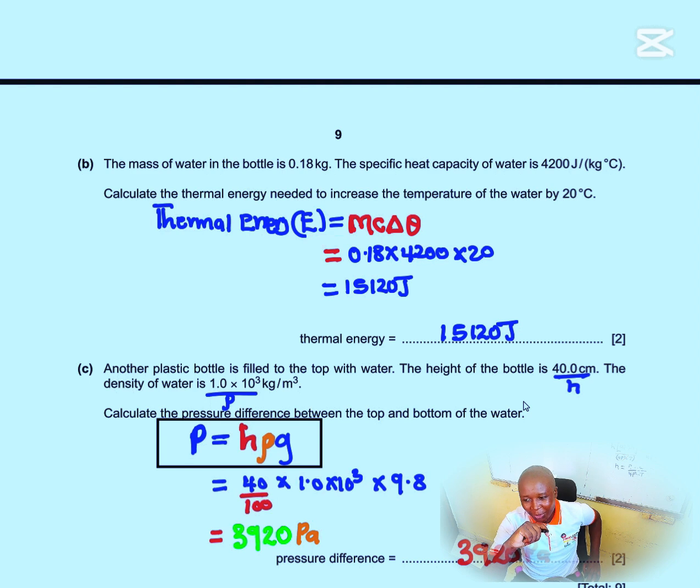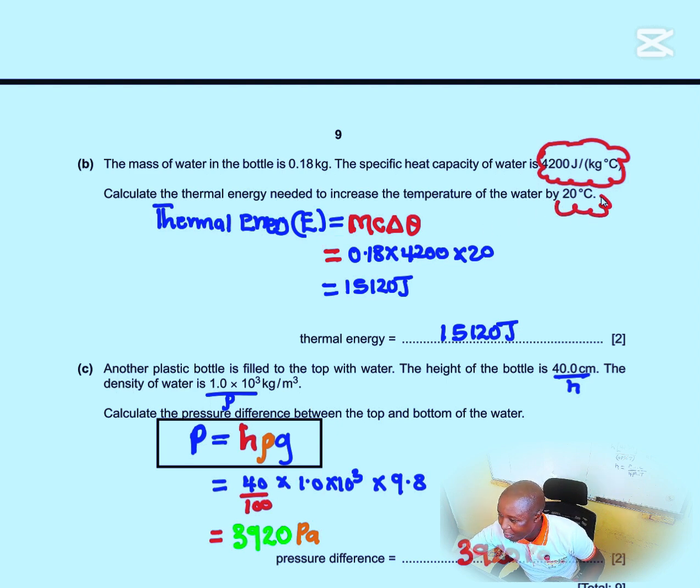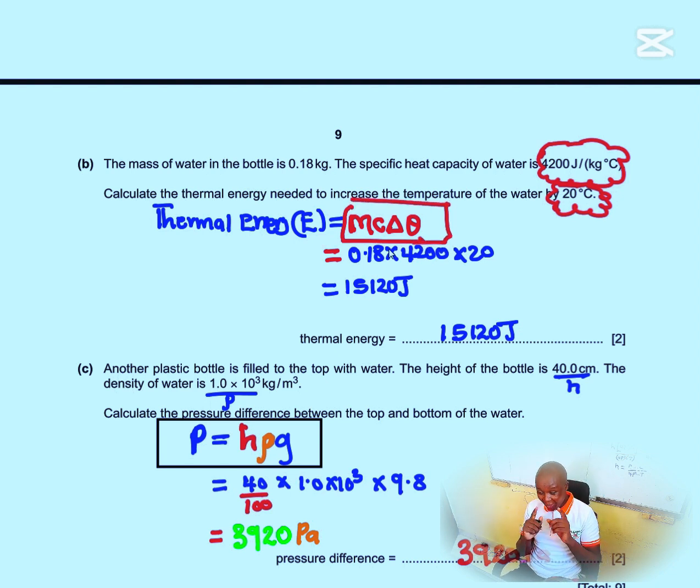In this question, we're given the mass, the specific heat capacity, and the temperature change. So this is the formula we're going to apply. Once you substitute, we get the answer of 15,120 joules of thermal energy.